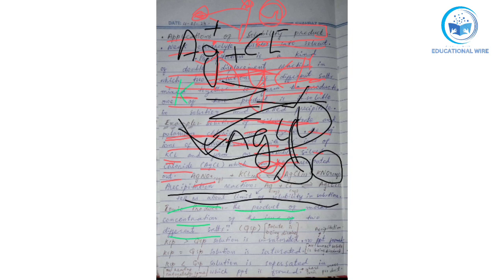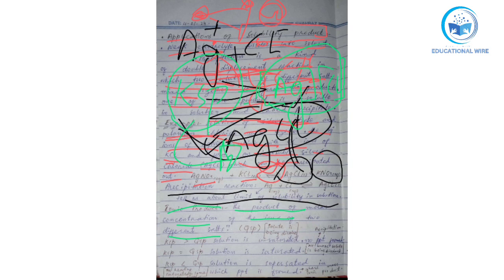Likewise, here Ksp is the solubility product of AgCl, and Ag and Cl are the ions whose product gives the ionic product.